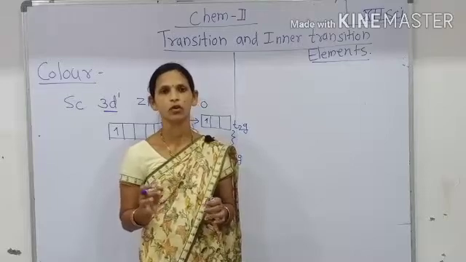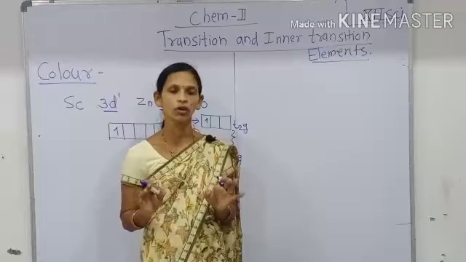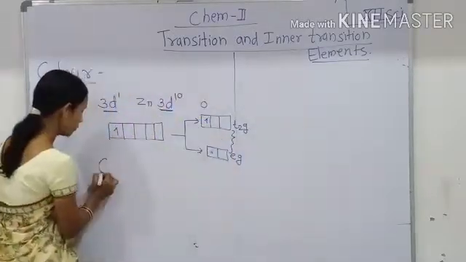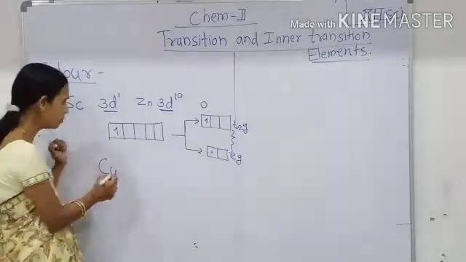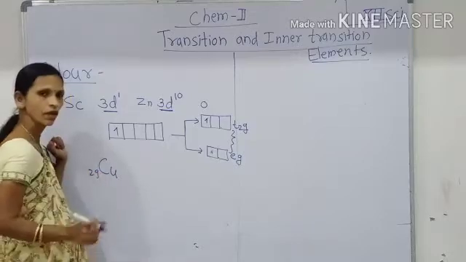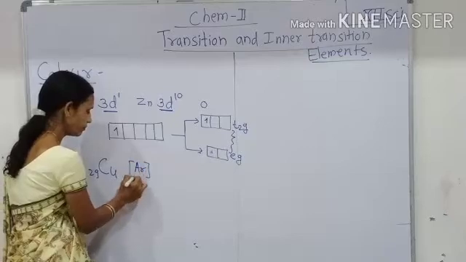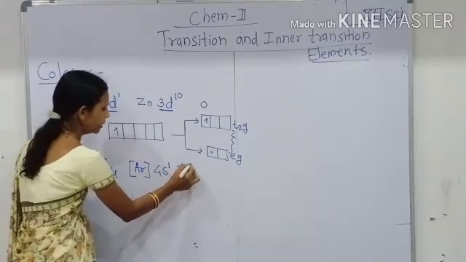If the number of unpaired electrons is 0, then the compounds of transition elements are colorless. For example, copper has atomic number 29 and electronic configuration argon 4s1 3d10.